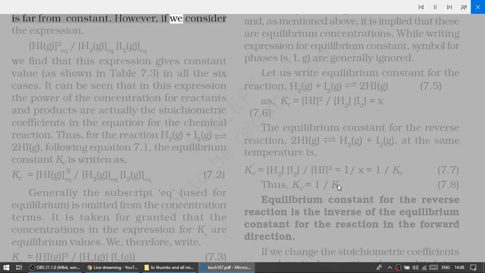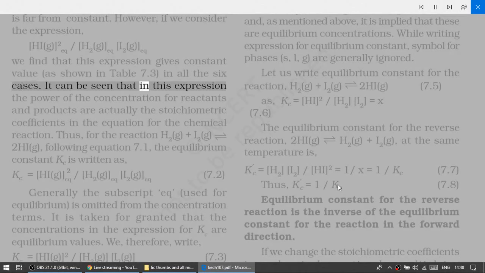However, if we consider the expression [HI(g)]eq^2/[H2(g)]eq[I2(g)]eq, we find that this expression gives a constant value, as shown in Table 7.3, in all the 6 cases.